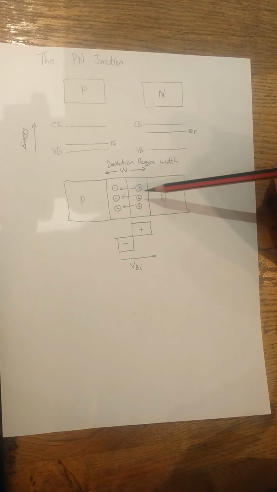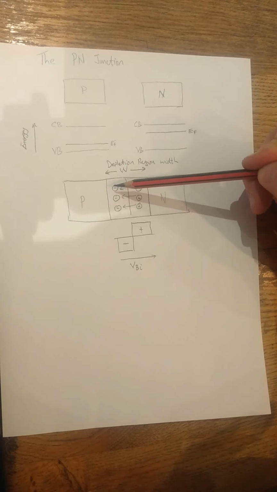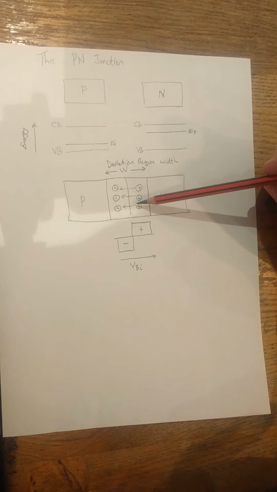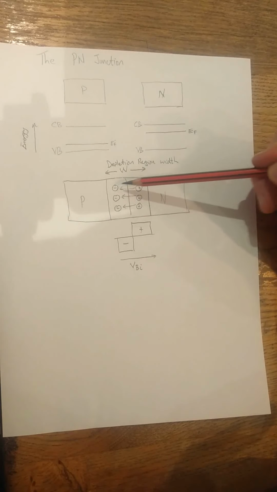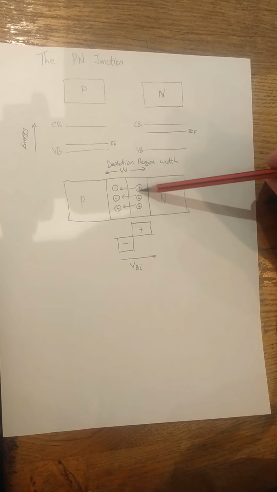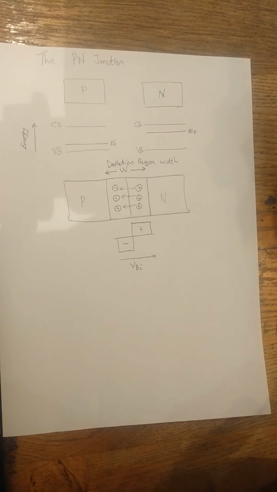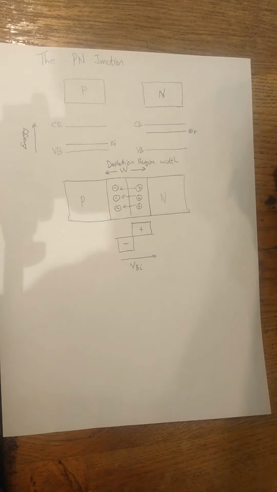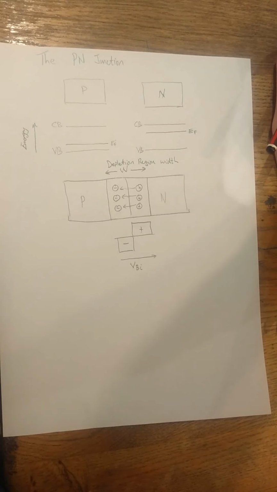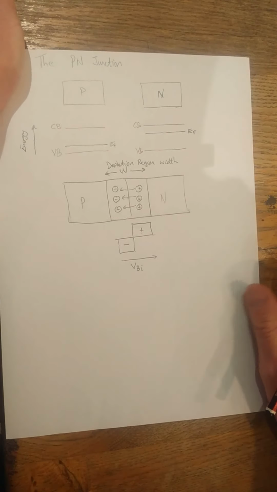If your n-type region was more heavily doped than your p-type region, you would have more charge carriers here. So in order to create an equal charge above it, you would have a narrower depletion region on your n-type if you had a higher doping concentration, and a larger depletion region on the p-type. So it would be asymmetrical if there was a variation in the doping. But anyway, that might be getting off point a little bit.